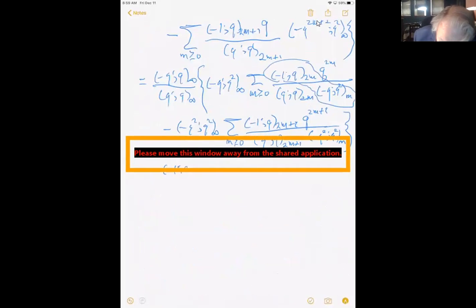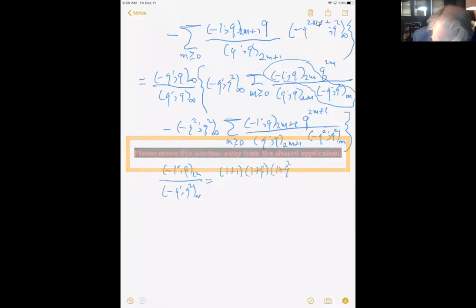Minus 1 semicolon 2m divided by minus q squared sub m. This is equal to 1 plus 1, 1 plus q, 1 plus q squared, 1 plus q cubed, all the way up to 1 plus q to the 2m minus 1.